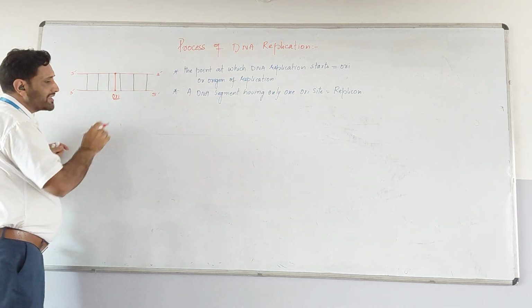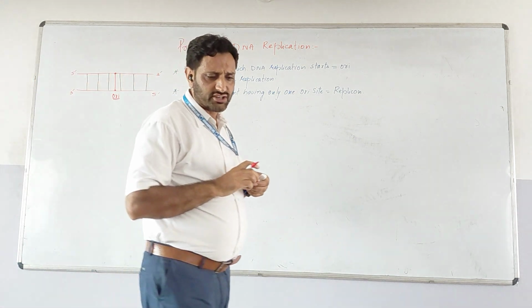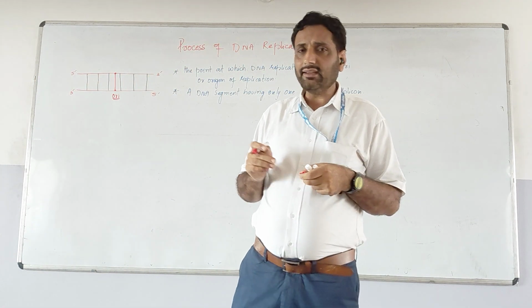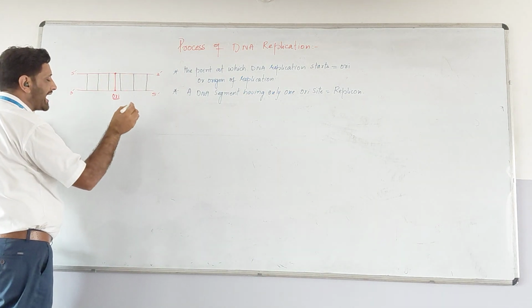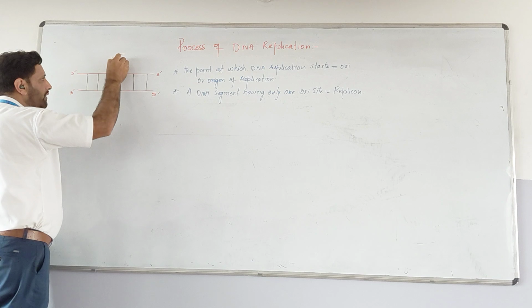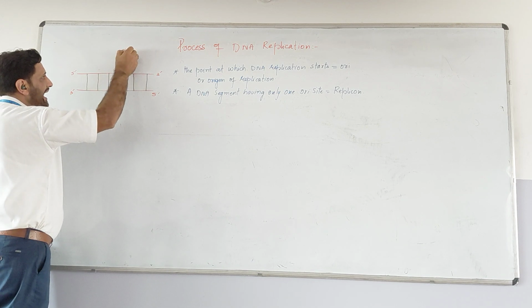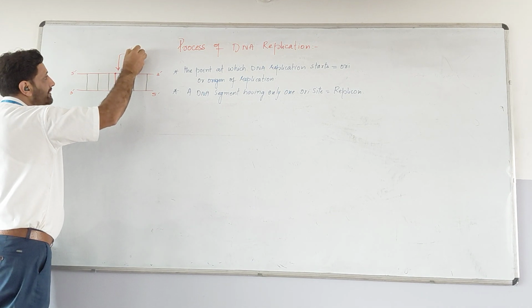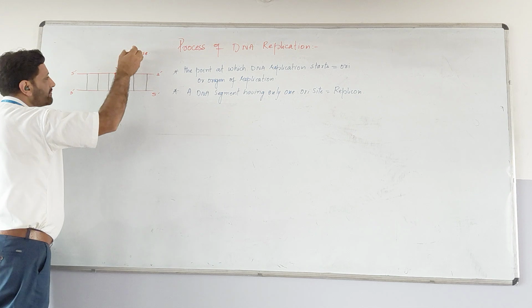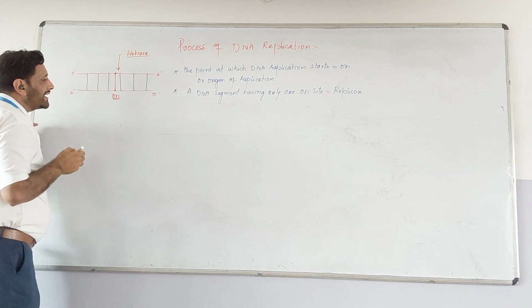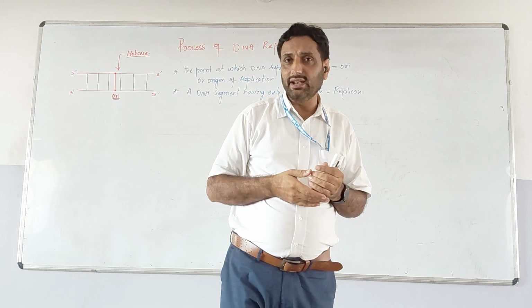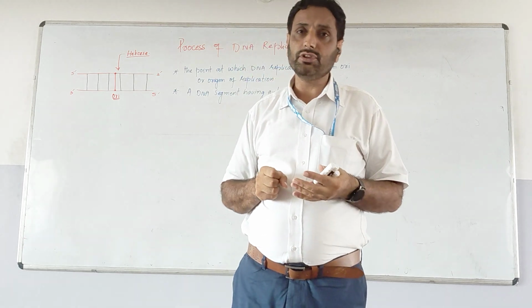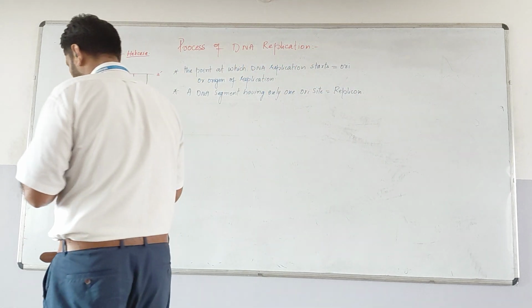From this ORI site, what we need to concentrate on is the enzyme which we have already discussed, that enzyme will act on it. One enzyme is called helicase. It is the helicase enzyme, or we can say the unwinding enzyme. ये जाके वहाँ ORI site पे binds and it breaks the hydrogen bonds. Let me show you how.